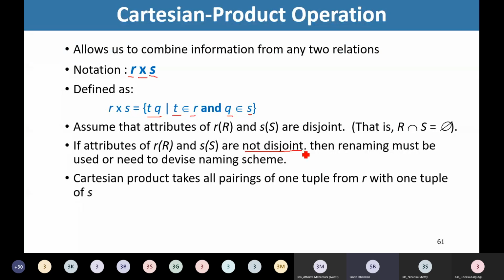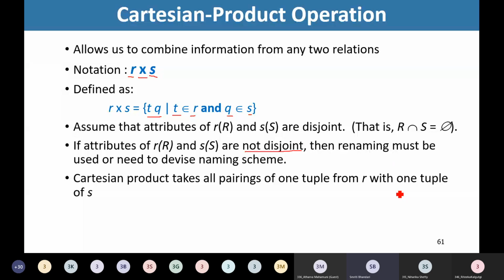If we have a few attributes that are the same or common in these relations, then we should consider some kind of renaming mechanism, or devise some naming scheme, to avoid conflicts if the column names are the same.